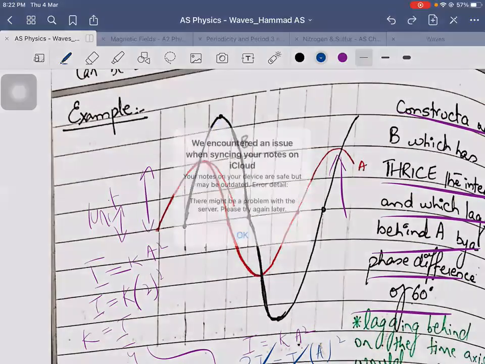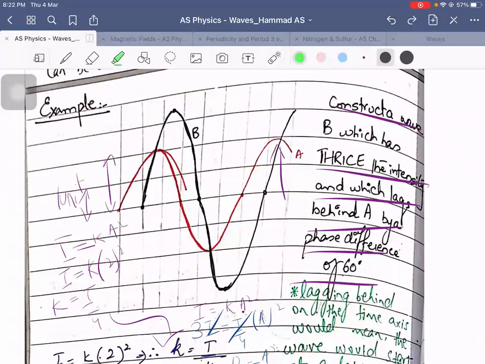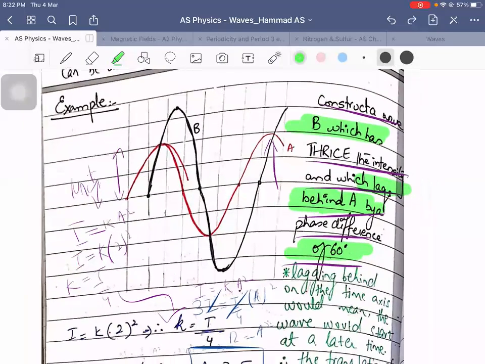Please understand that they tell you that wave B is constructed such that it lags behind A by a phase difference of 60 degrees. Now you need to understand that wave B is lagging, meaning to say it starts off at a later time. It is shown here, but you need to work out how.